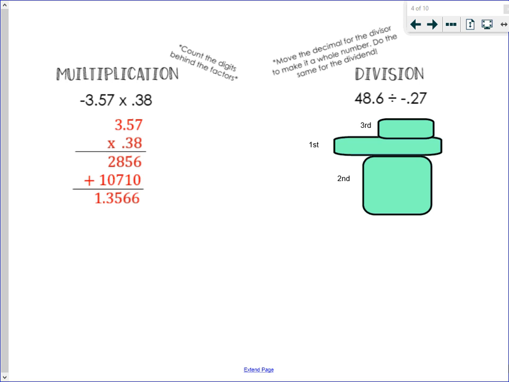So in this case, we have 4. So 1, 2, 3, 4. So 4 total. And then starting from the right, we're going to have 4 total, and that's where we're going to put our decimal point. So it needs to be the same amount.